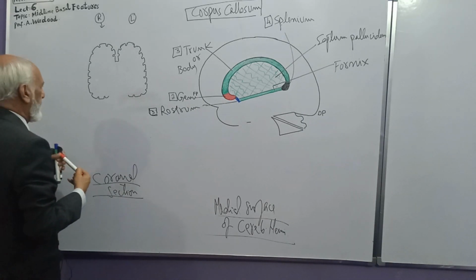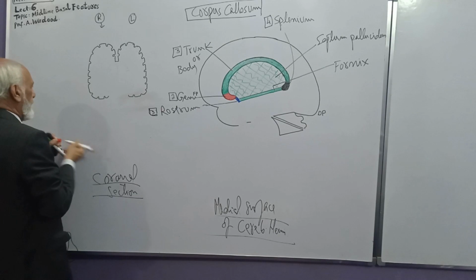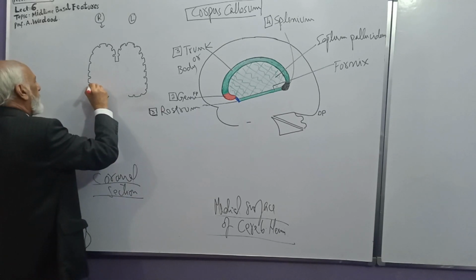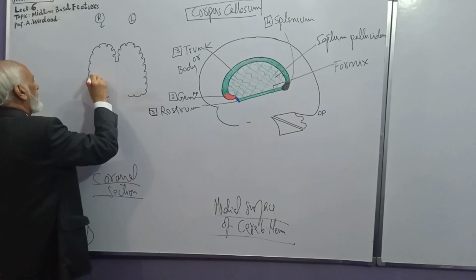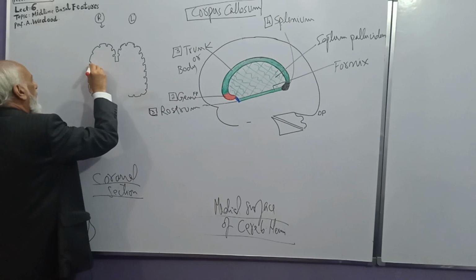Now you know if you cut the cerebrum, outside is the gray matter and inside is the white matter. These are gyri and sulci.